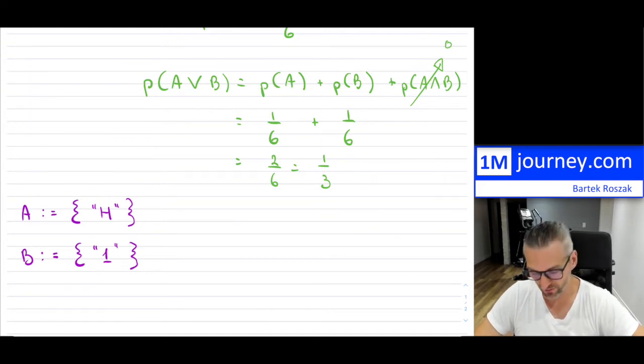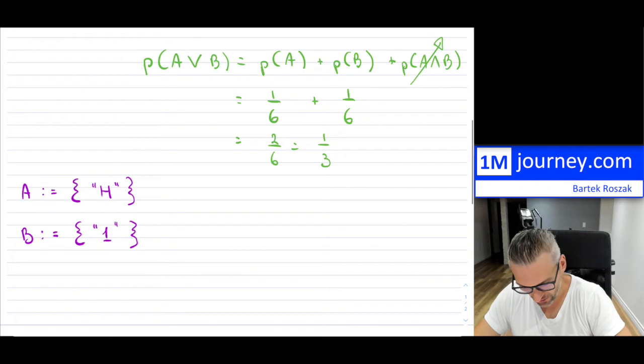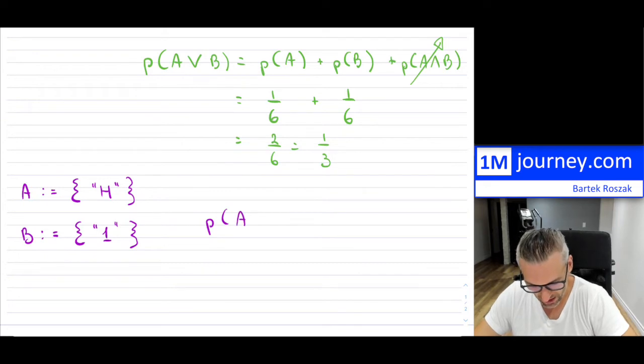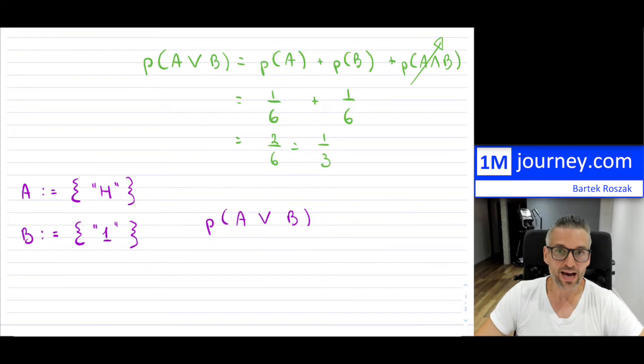But now, if you flip a coin and also roll a die, and you ask what's the probability of seeing A or B, the question is, can it happen that you actually see both at the same time? Yes. You can flip a coin, see a heads, roll a die and see a 1.